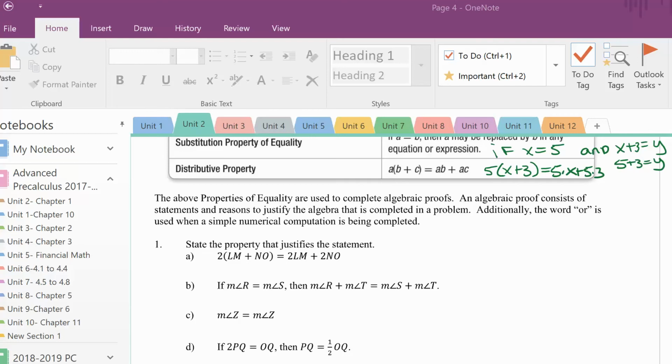So let's look at some statements, and we'll say which property best describes them. For example here, it says 2 times the quantity lm plus no equals 2 times lm plus 2 times no. Notice they distributed the 2, so this is the distributive property.